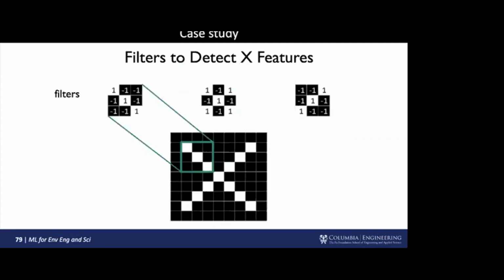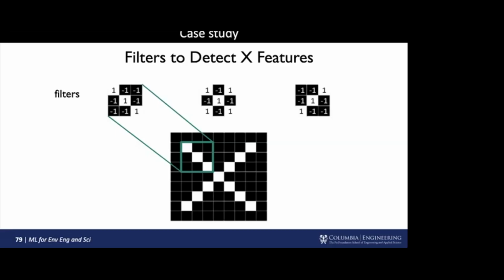Now, these small grids at the top are called filters. Each filter is designed to respond strongly to a diagonal pattern, which is a key feature of the letter X. When we slide a filter over the image, it computes a score at each location. If the local patch looks like the filter, the response is large. If it doesn't, we make the response small.